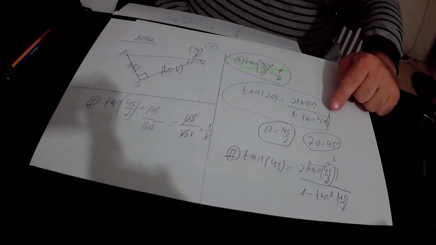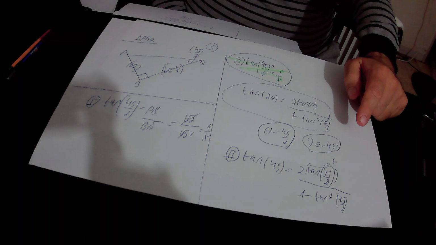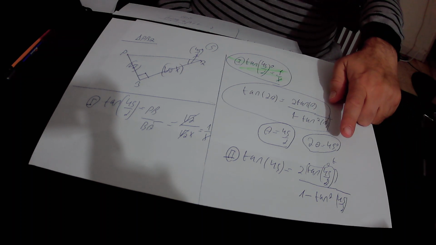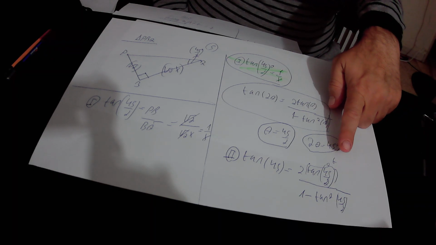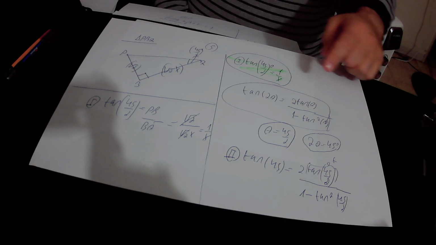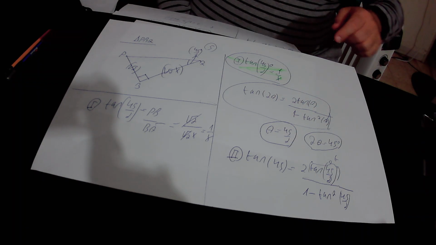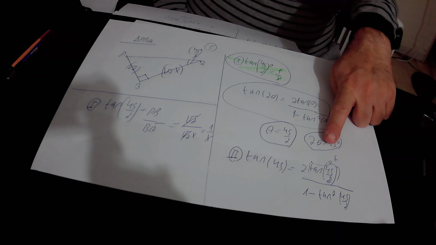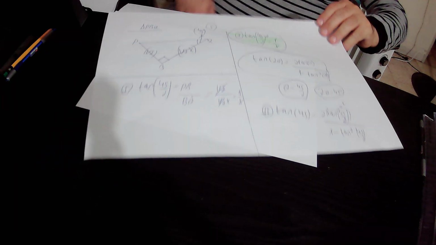So in conclusion, according to equation number 2, tangent 45 degrees equals 2 times tangent 45 over 2 degrees over 1 minus tangent square 45 over 2 degrees. So tangent 45 degrees is 1, and we defined tangent 45 over 2 degrees as t, and we substitute tangent 45 over 2 degrees by t.